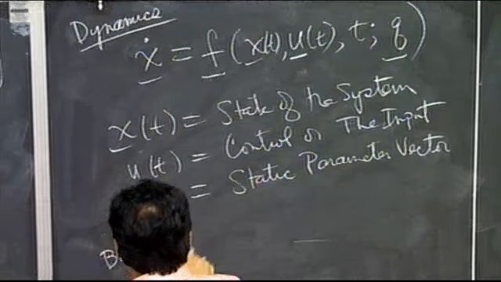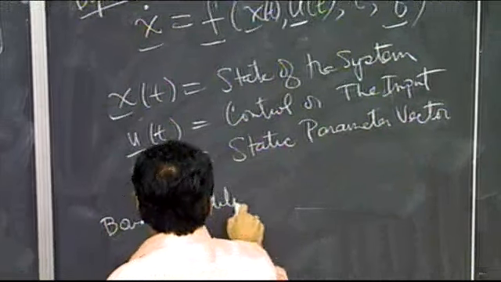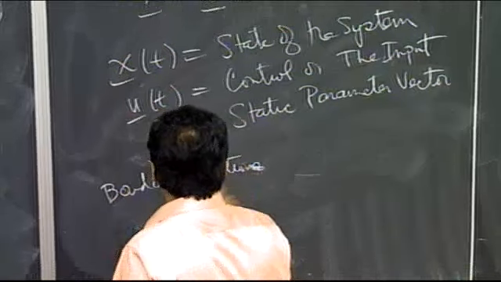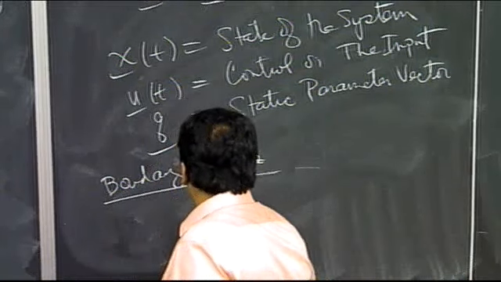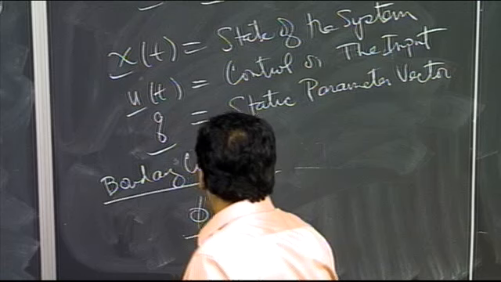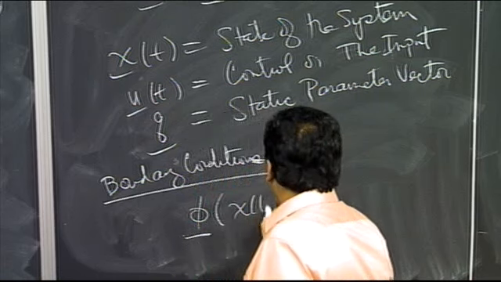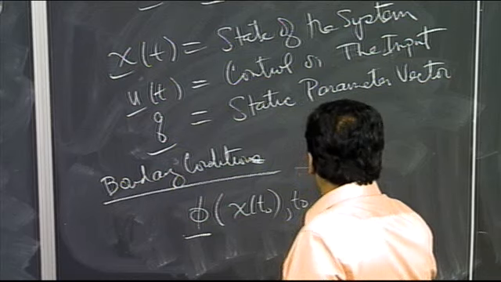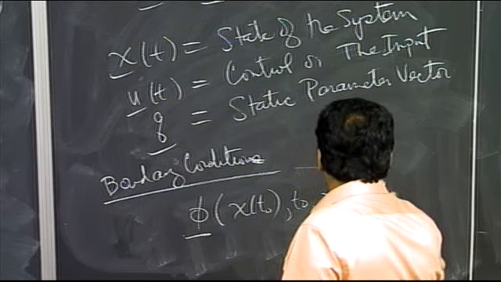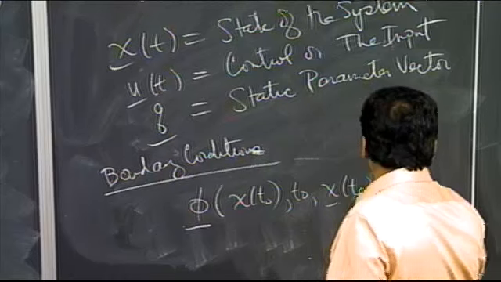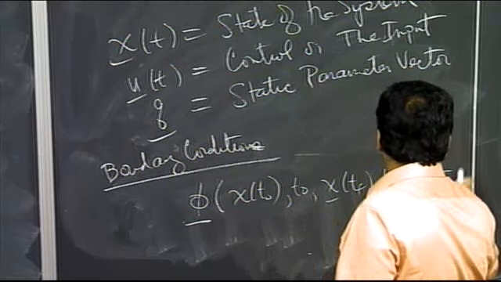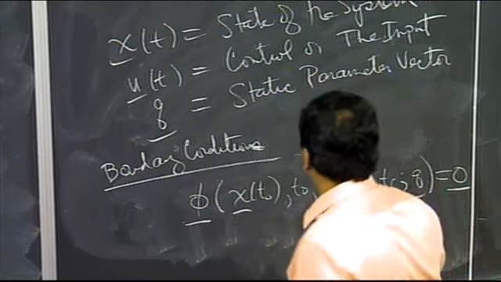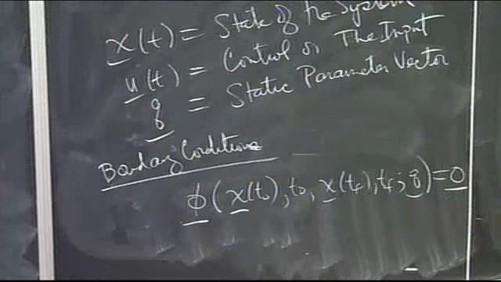Now, the boundary conditions are similar to what we've seen in these scalar problems, except we write them in a more general way. We say we've got a function phi, which is a function of x of t0, x of tf, and tf, and it may also be a function of q, and that is equal to 0 if we just deal with equality boundary conditions.